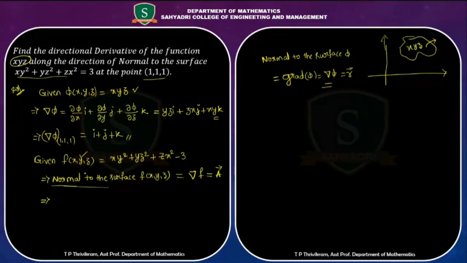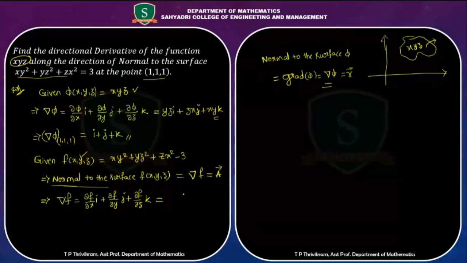Okay, so how much you'll get? Del f value you need to find. Del f is equal to dou f by dou x i plus dou f by dou y j plus dou f by dou z k. So find the derivative of this with respect to x, y, z. Now this function you have to differentiate with respect to x, y, z.